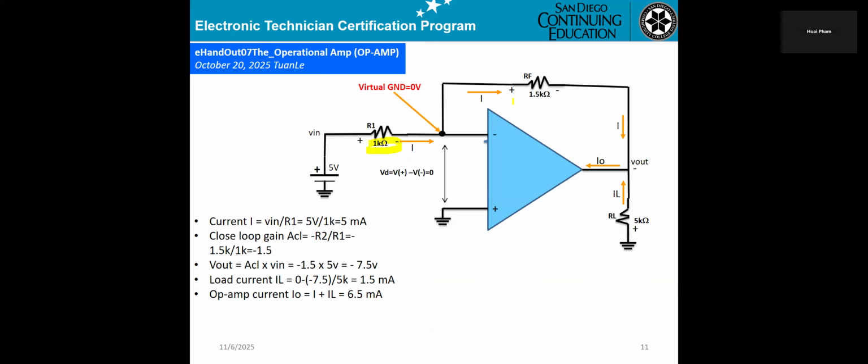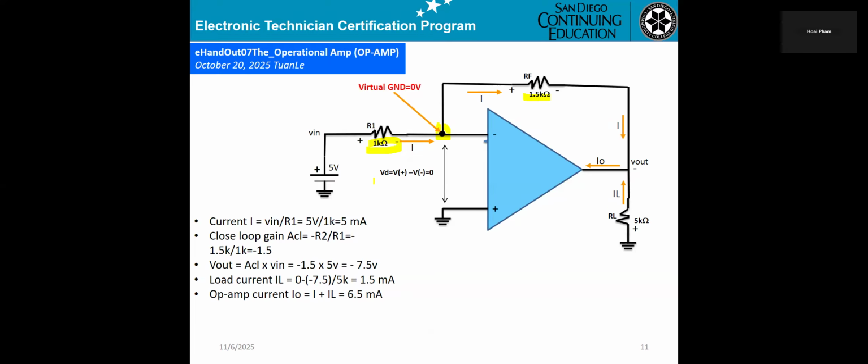Resistor RF will be 1.5K. And the current flowing from 5 volts goes to R1 and then goes to the virtual ground right here. That virtual ground equals 0.